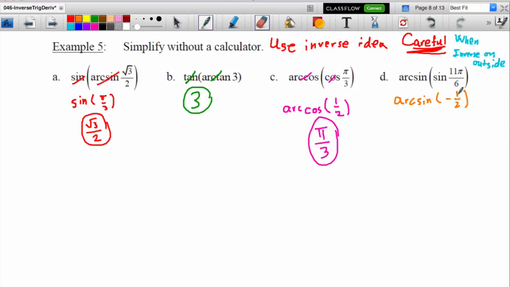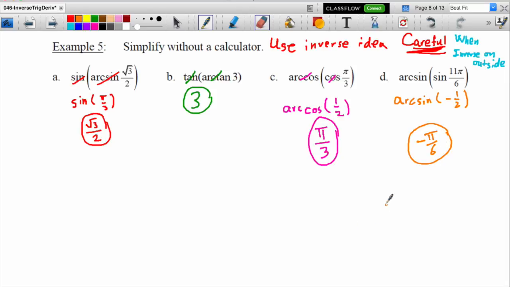And this is going all the way back to the example that we want the angle that gets us negative 1/2, but is in quadrant 1 or 4. But wait, you say, quadrant 4 has 11 pi over 6. No. We're supposed to go with negative angles. I'm sorry, not negative trig values. So negative pi over 6.